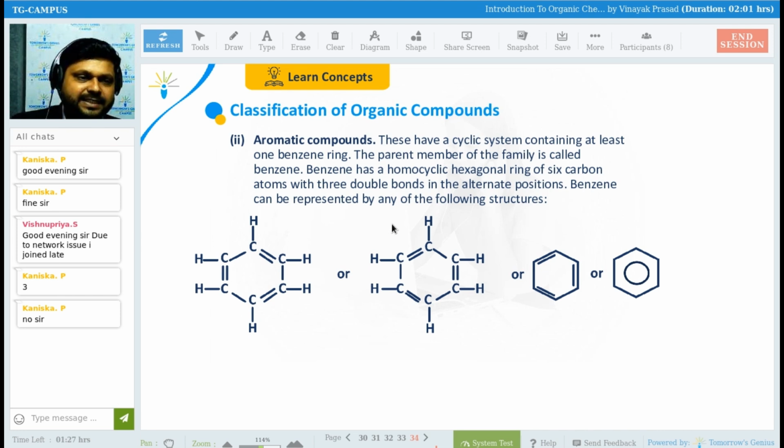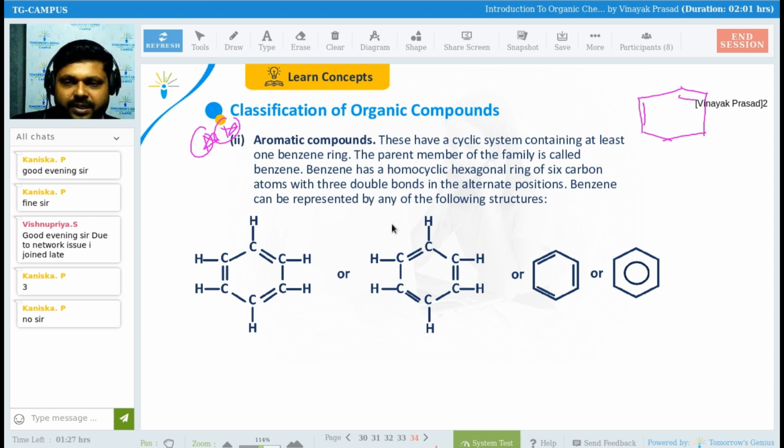What are aromatic compounds? See guys, aromatic. This is a very important terminology for your organic chemistry. Although we will describe the word aromatic later on, for here please try to understand: if double bonds are coming at alternate positions, let's suppose here is one single bond, here is one single bond, and here is one double bond.